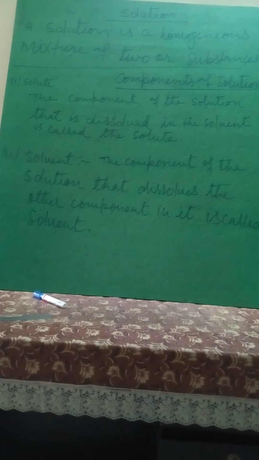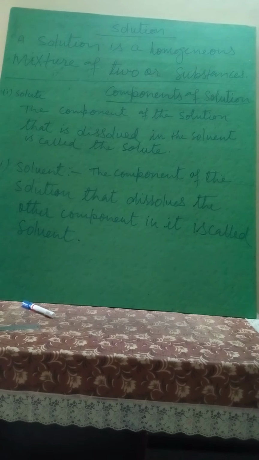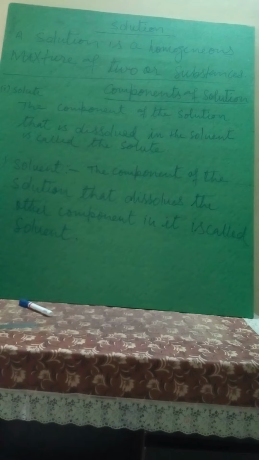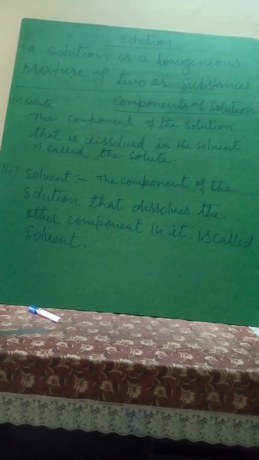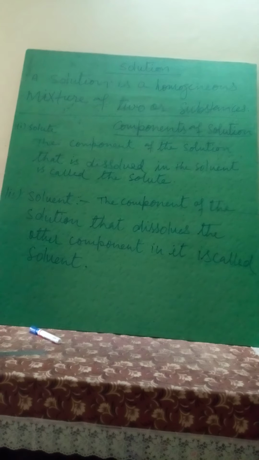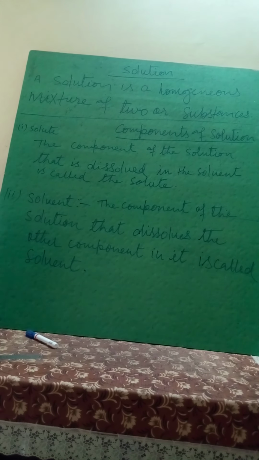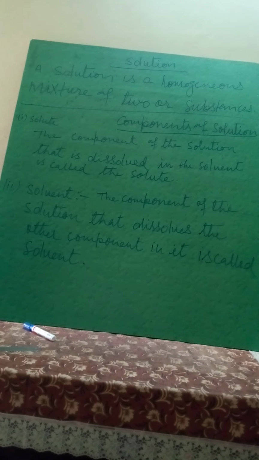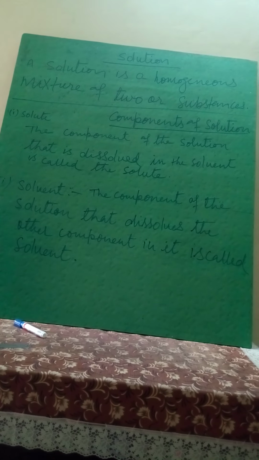The sugar does not settle down at the bottom of container. So, sugar water solution is a stable solution. Solution does not scatter a beam of light because particles of solution are very small.